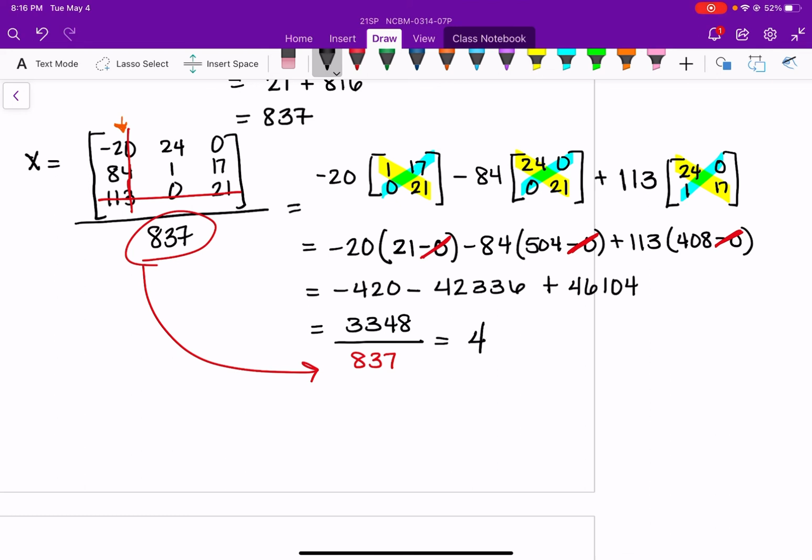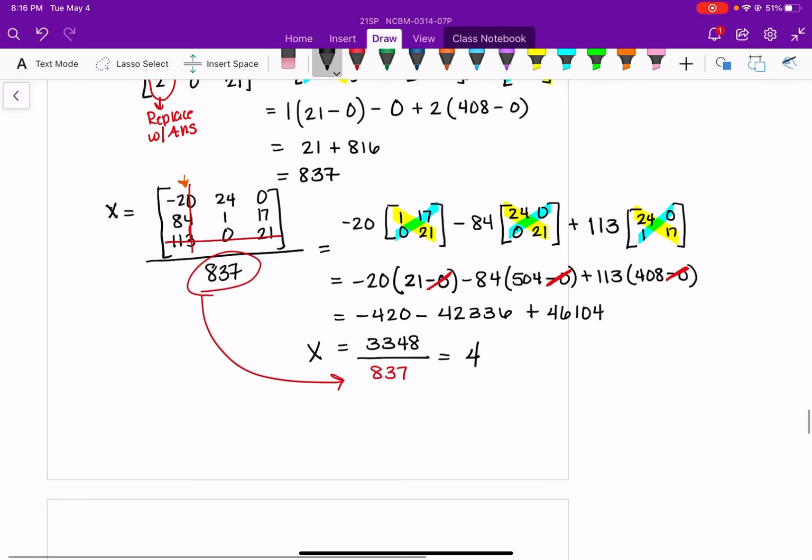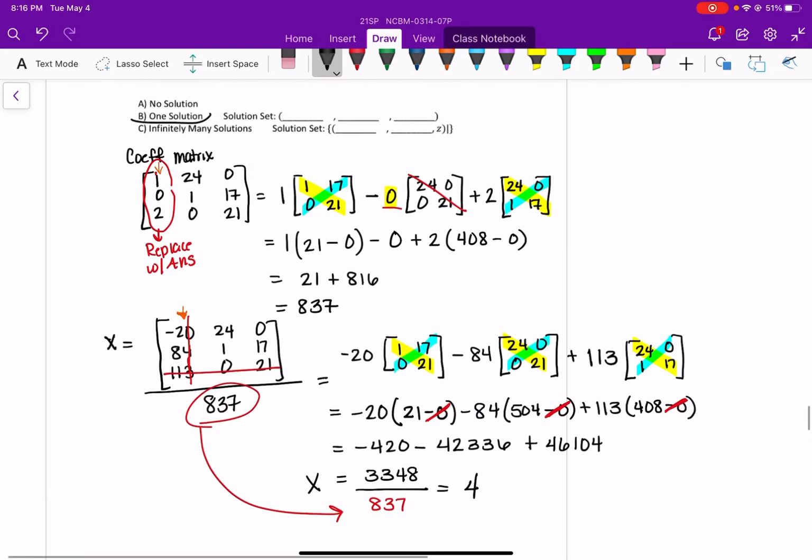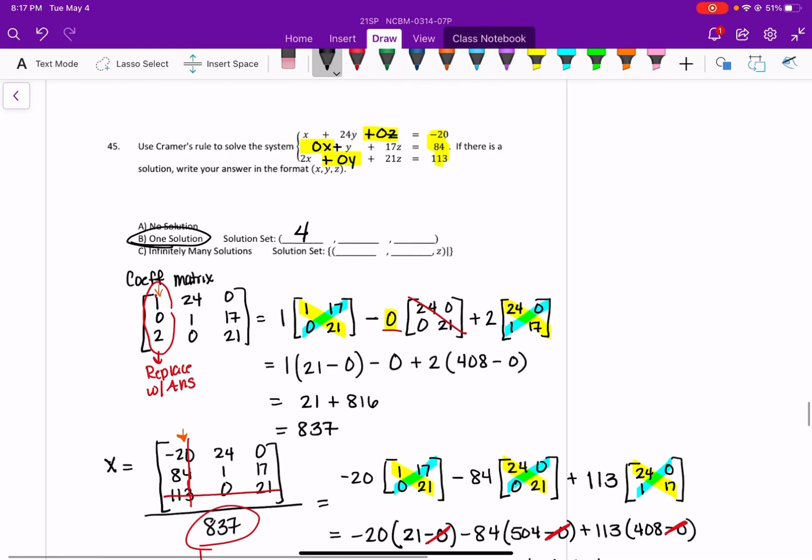So now we know, remember this is my x value, so my x is equal to 4. So if I come back up here, I know I'm going to be one solution. I now know my x is 4. Now, you can do this same procedure to find the y and the z that we just did, or if I go back up here and look at my original problem without that 0z, I notice I have x plus 24y equals negative 20.